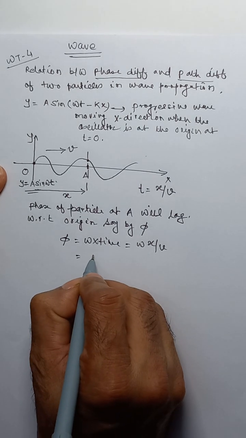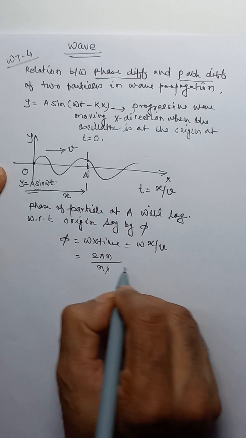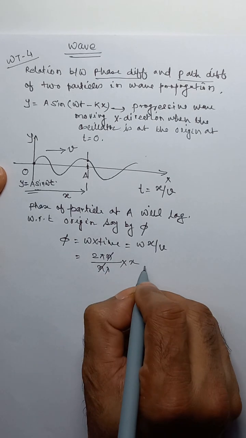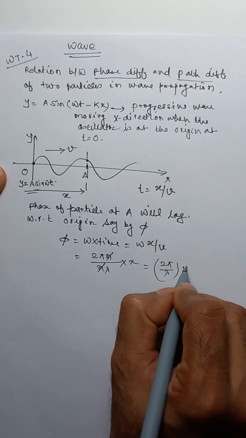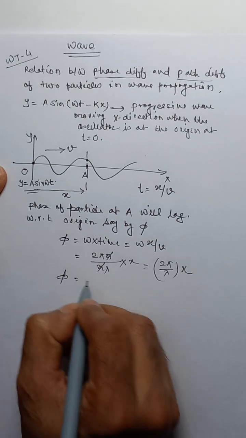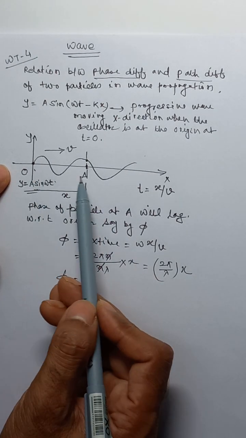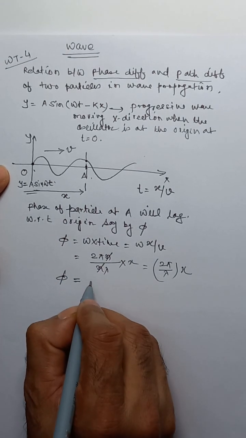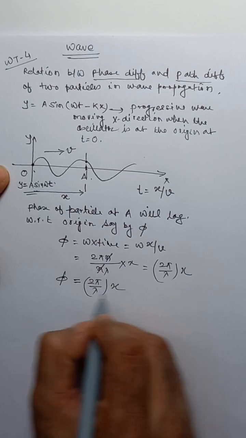If we write omega as 2 pi n and v as n lambda, frequency into wavelength, then n will get cancelled out. So we'll get 2 pi by lambda times x. So phi is the phase difference between the particles at the origin and at A. So phi is equal to 2 pi by lambda times x.